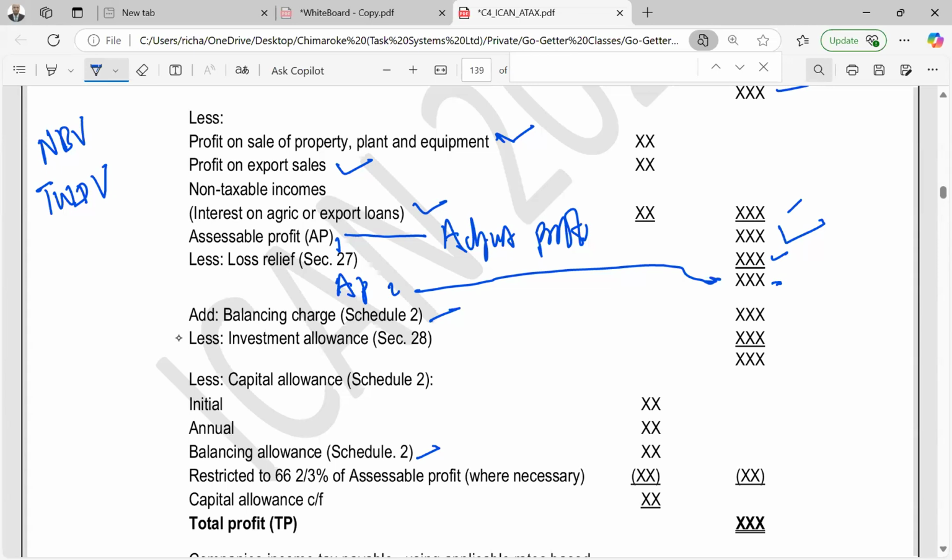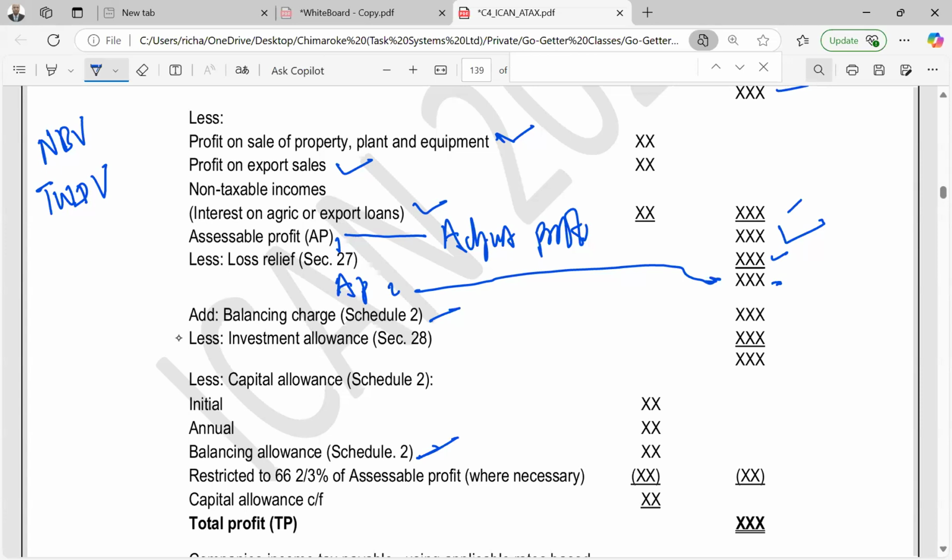Now government is saying that this asset doesn't belong to you now. You have sold it. The remaining 30 is the balancing allowance. So you are going to less that 30 that you lost as part of your balancing allowance. Okay, so balancing charge, we add it; balancing allowance, we less it.